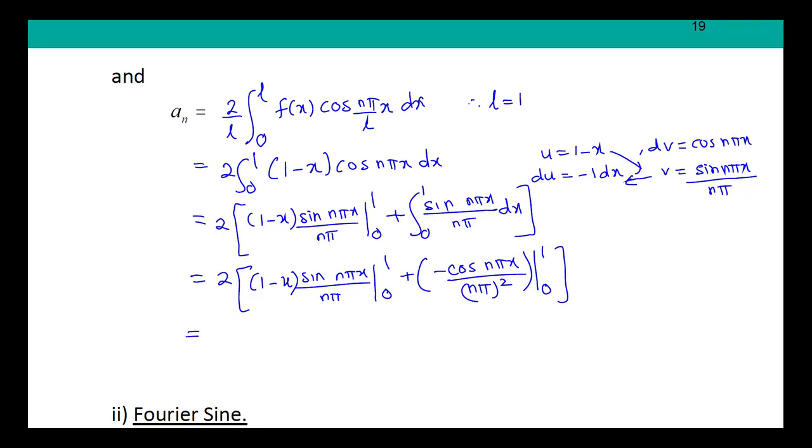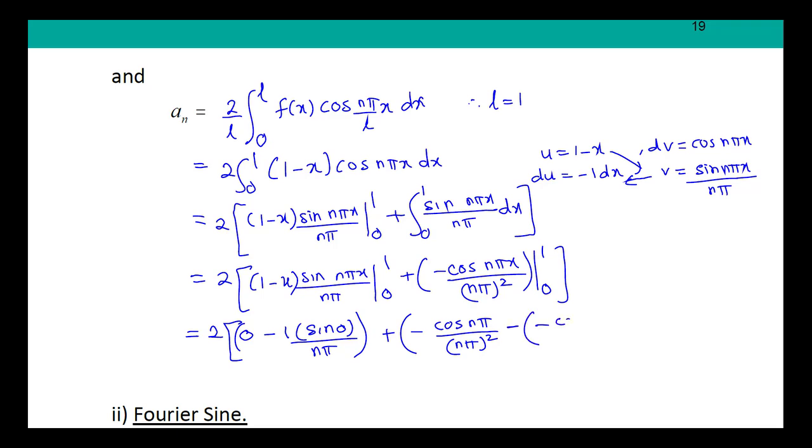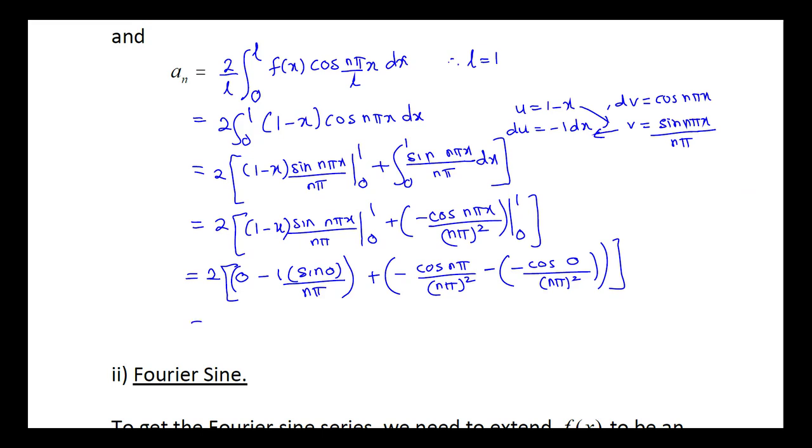So you complete the answer. 2, 1 minus 1 is 0, and then minus 1 minus 0 is 1, then sin 0 over n pi, and then plus minus cos n pi divided by n pi square, and then minus cos 0 divided by n pi square, equal to 2.